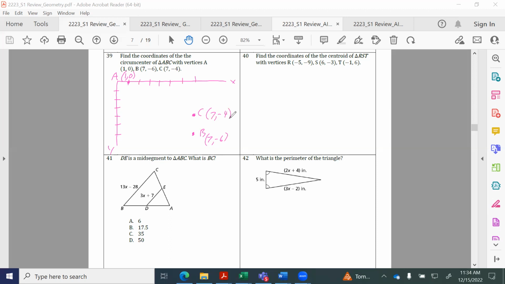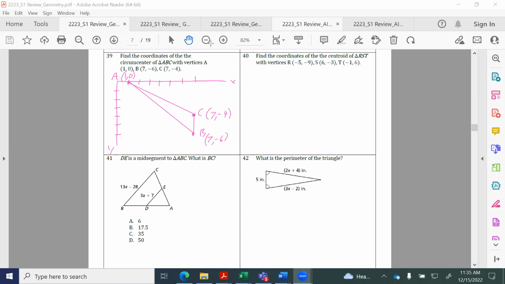All right, so these are 3 points. We're going to connect them. We have ourselves a triangle. Now, after we do this triangle, we need to draw in our perpendicular bisectors of each side to find our circumcenter.